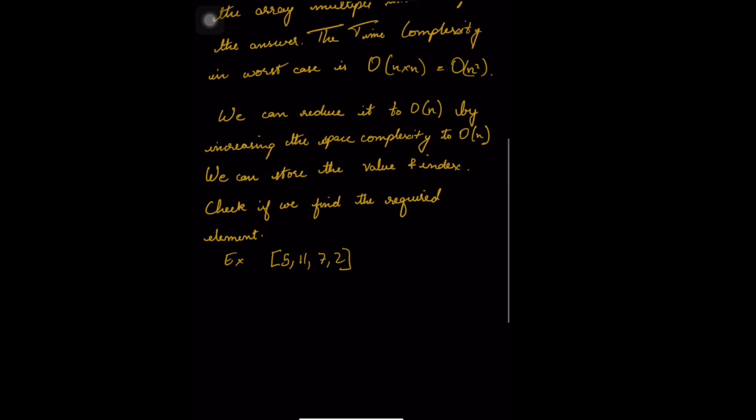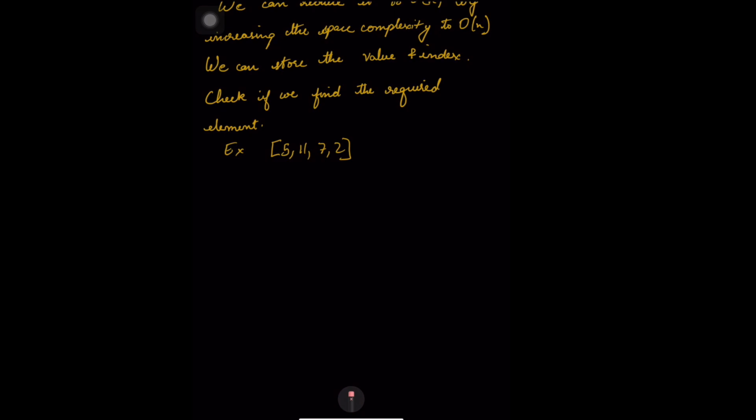So let's consider the worst case example. In this case, we'll take 5, and look at the indexes here. So you have 0, 1, 2 and 3, and let's store them in a map. So for 5, let's say the index is at 0. For 11, the index is at 1.